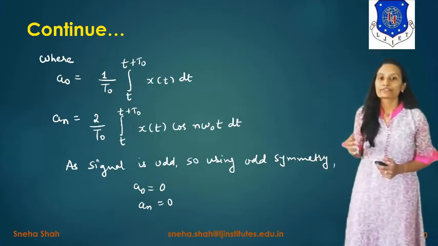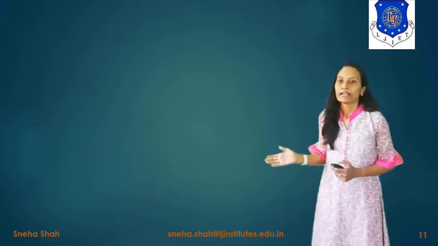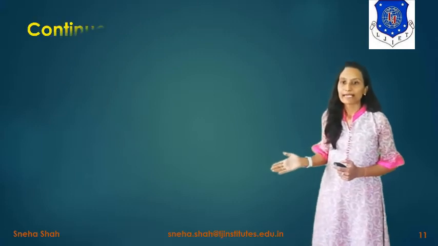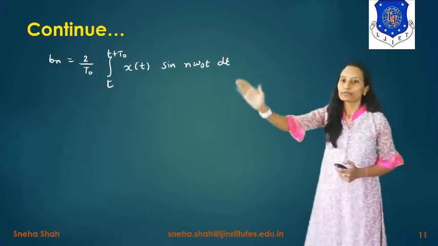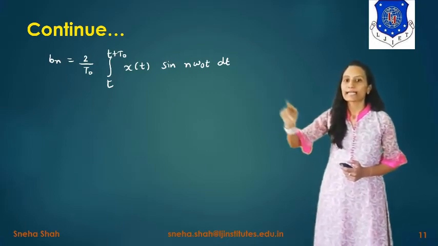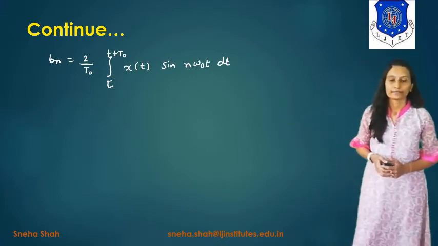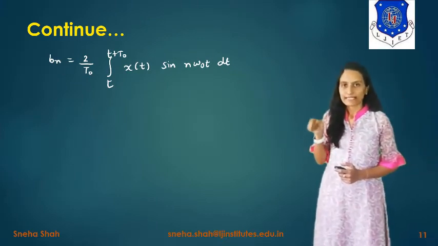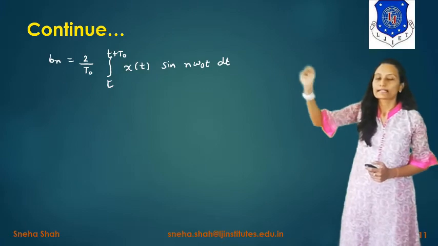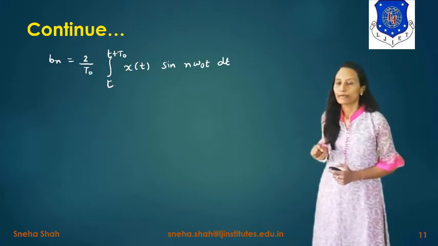So we just have to find out the value of Vn. The equation of Vn equals 2 by T0 integration t to t plus T0 x of t sin n omega 0 t dt. In this equation, instead of x of t, we are taking the value t, and instead of this range, we are taking -1 to 1.